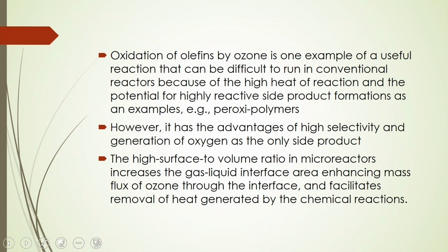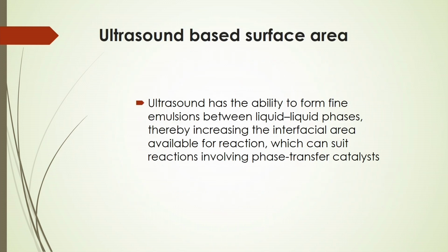To reduce that temperature, you use the high surface area to volume ratio in the microreactors to increase the gas liquid interfacial area, which enhances the mass flux of the ozone through the interface, and it is also useful for the removal of the heat of the chemical reactions through that interface. So, this is the advantage of producing the interfacial layer through the microchannel.